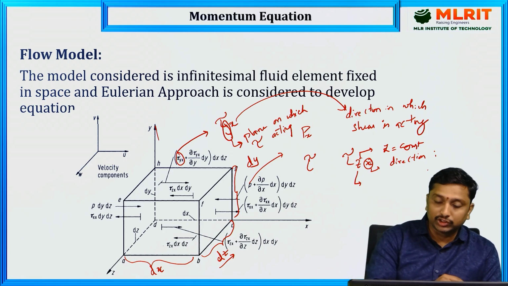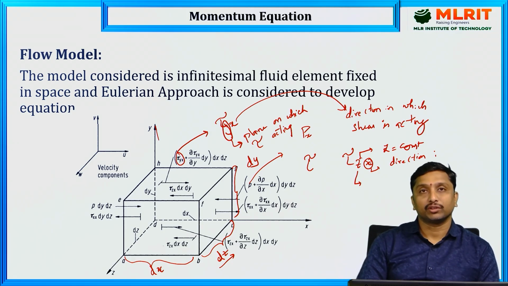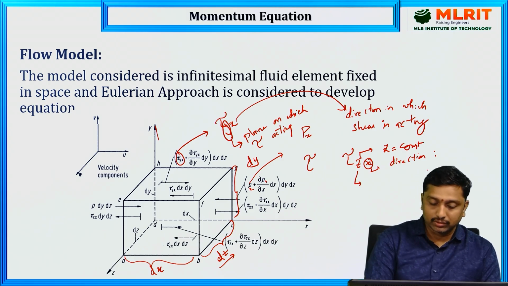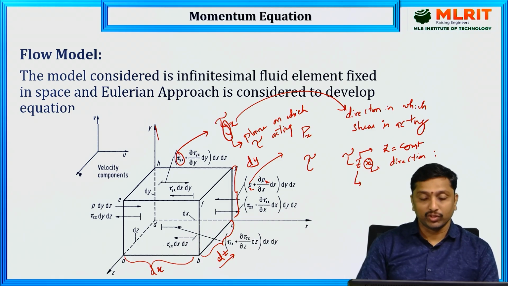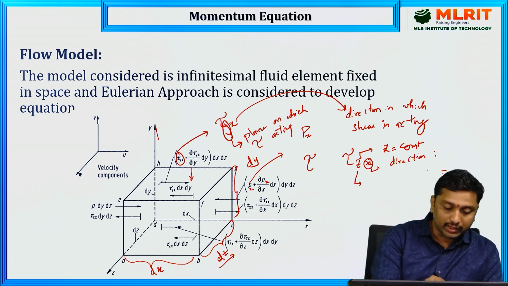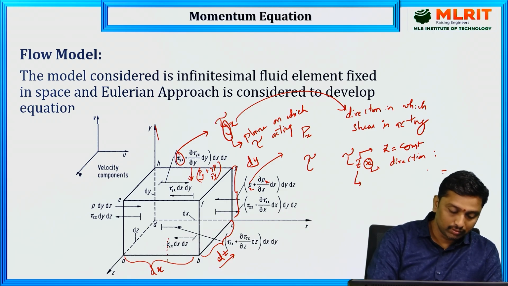So this is a representation of the infinitesimal element with pressure and shear. P here can be represented as px, considering it to be in the direction of x. Suppose it is acting in the y direction, for example, if your P is acting in this direction, it has to be represented by py plus dou p by dou y. Then if it is on the bottom plane, it has to be py.